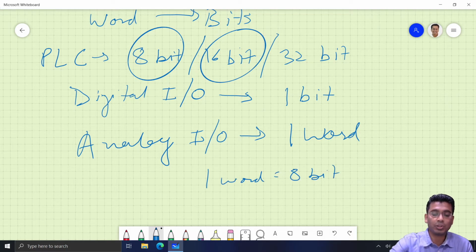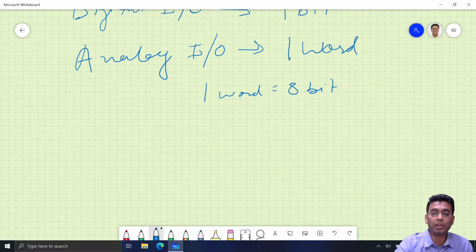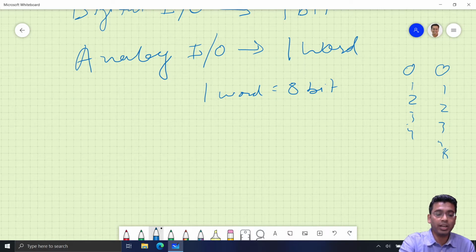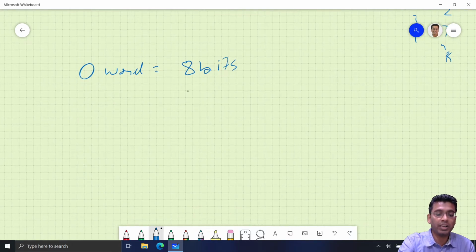Since all the bits start with 0, 1, 2, 3, 4, similarly all your words also start with 0, 1, 2, 3, 4, 5. Say you have your word 0, the 0th word. How many memory bits are there here? If it is an 8-bit PLC, it will have 8 bits. That means you can connect how many digital inputs?